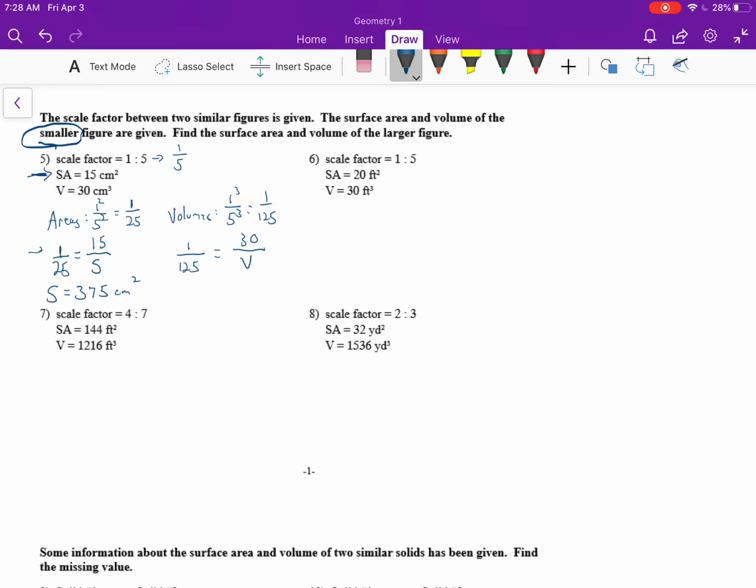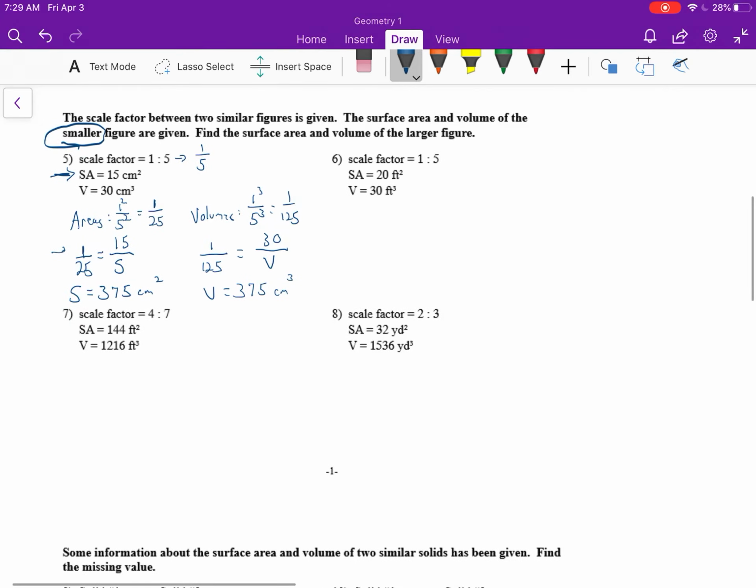So we'll cross multiply. 1 times V is V equals 30 times 125, which is 375. Which makes me go back and realize, well, 375. So we have centimeters cubed. Okay, so that's how you do those types.